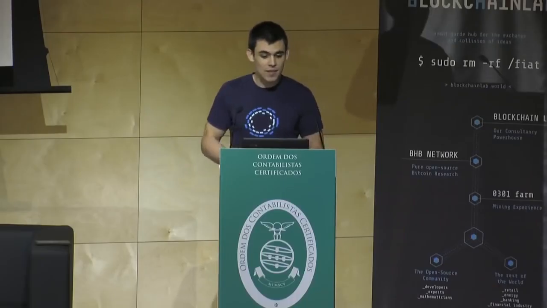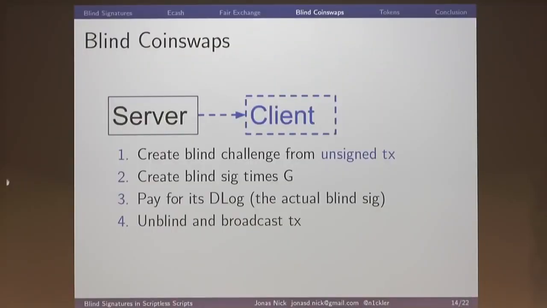So what it does then, it creates a blind challenge from this unsigned transaction. It creates a blind signature times G using these committed R-point signatures, and then it pays for the discrete logarithm, which is the actual blind signature it's interested in, and then it unblinds this signature, and this is then actually a valid signature for this transaction from the server and can broadcast this transaction.